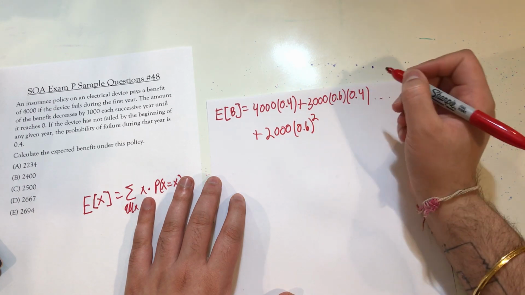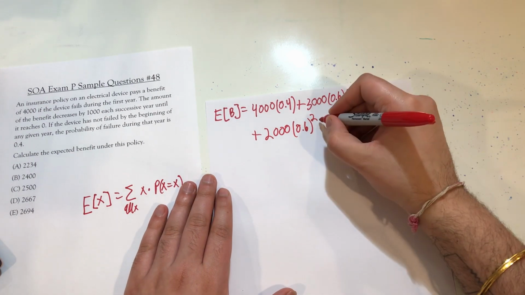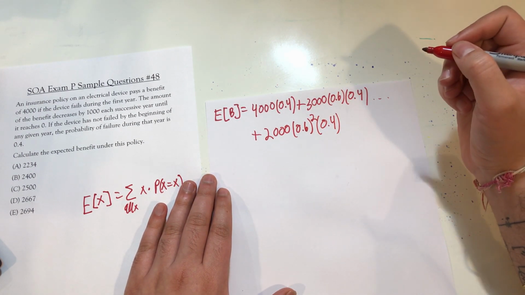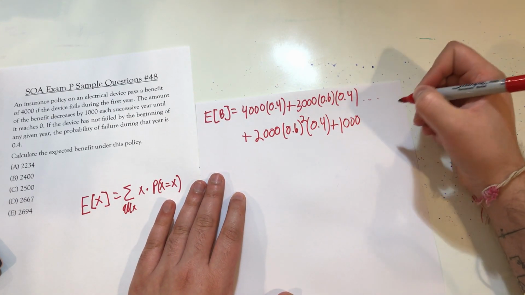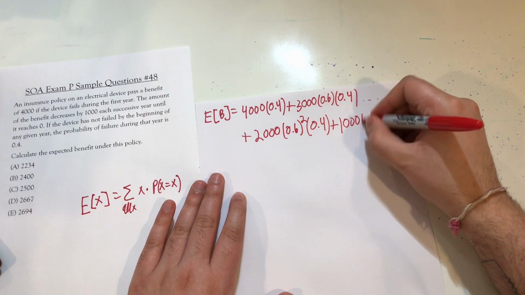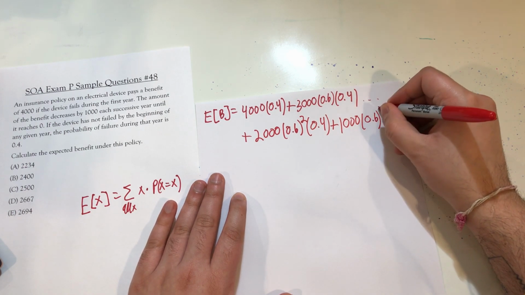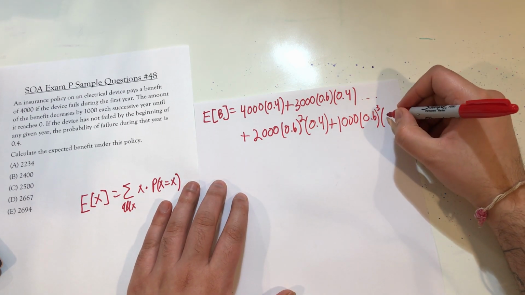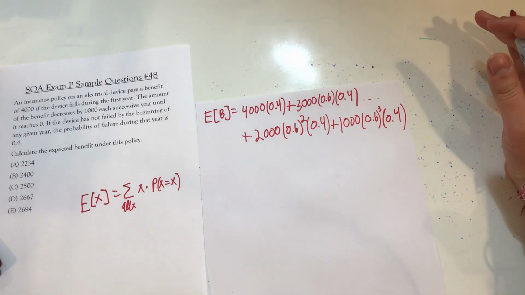So that'll be 0.6 to the second, because that's the probability it doesn't break in years 1 and 2, multiplied by 0.4, the probability that it breaks in year 3. And similarly, we can finally do $1,000, which is what you'd get in year 4. And that's going to be 0.6 to the third for the probability it doesn't break in the first 3 years, times the probability you break in the 4th year. And then we'd complete that.